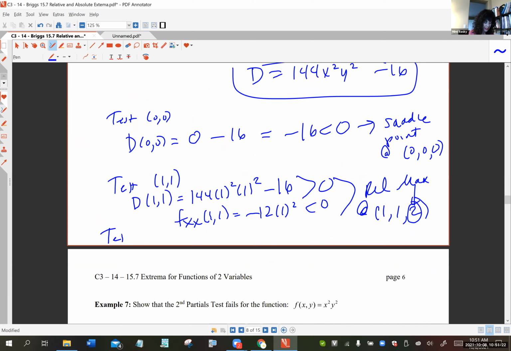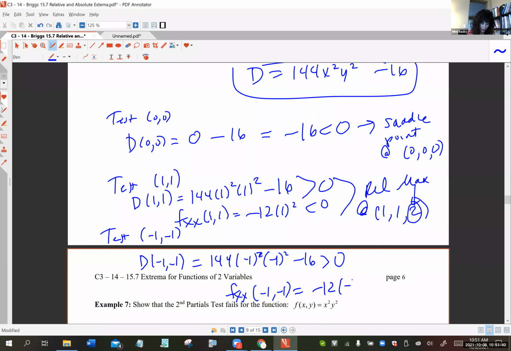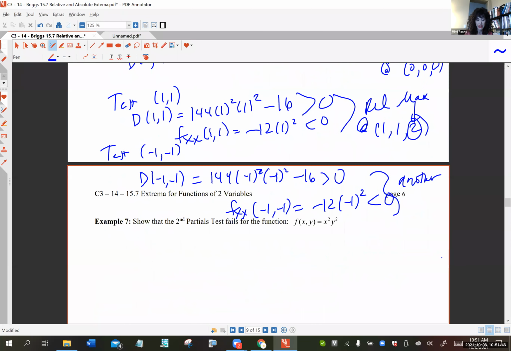If you test -1, -1, your D is still going to end up being a positive number. -1 squared is positive. And your fxx evaluated at -1, -1 is negative again. So you have another relative max. Can you have more than one? Oh yeah.